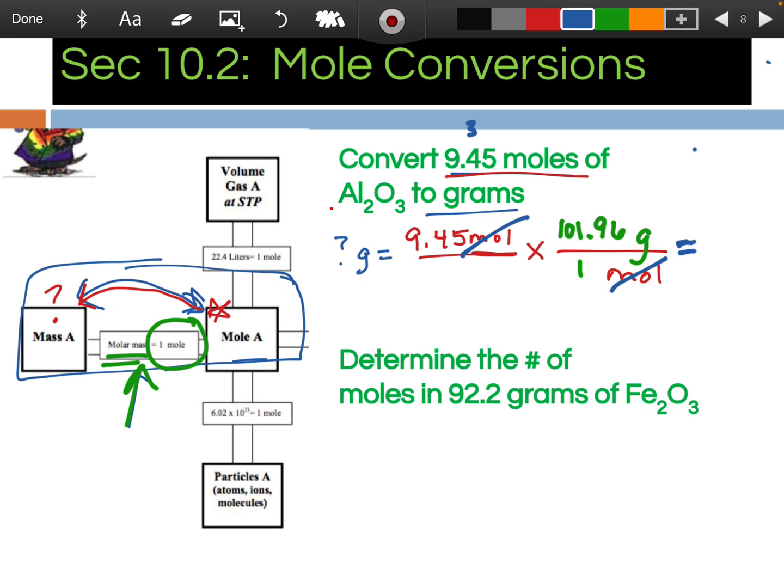So my final answer would be 964 grams. Because the number in your calculator is 963.5, and that 5 is going to cause the 3 to round up.